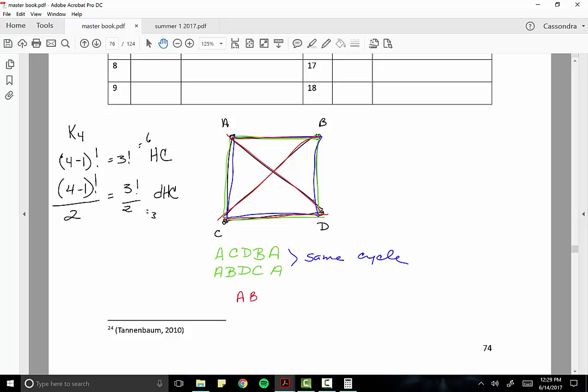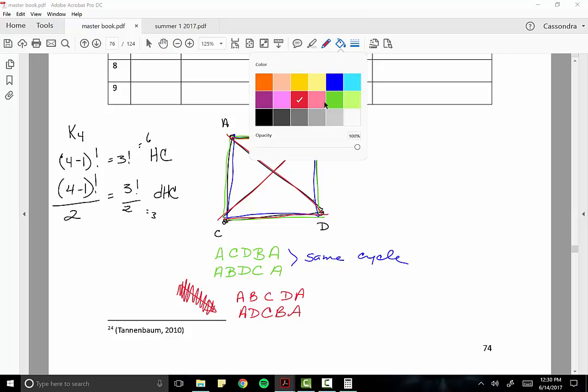A, B, C, D, A is also the same as A, D, C, B, A. Now, in deeper explorations in graph theory, these may not necessarily be the same because of something called directed graphs, where the direction matters, but we are using non-directed graphs. We will never get into directed graphs, so for your purposes, the direction doesn't matter.